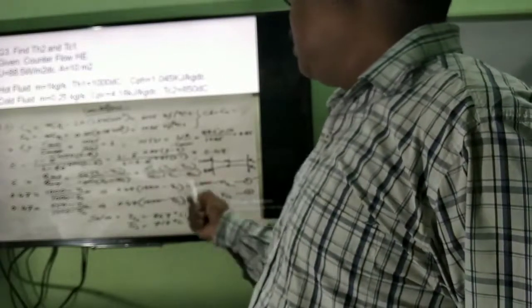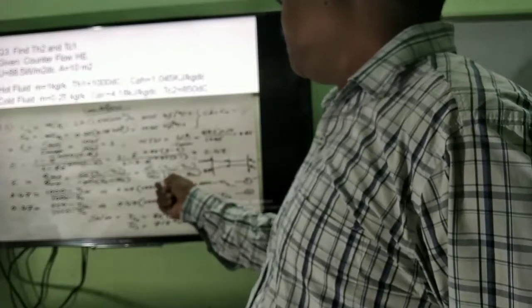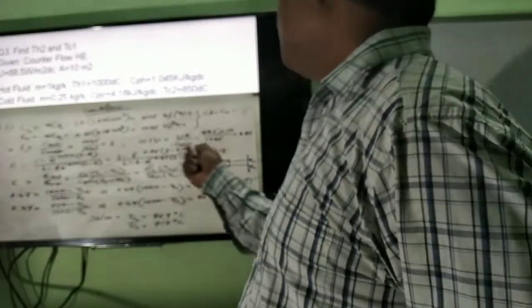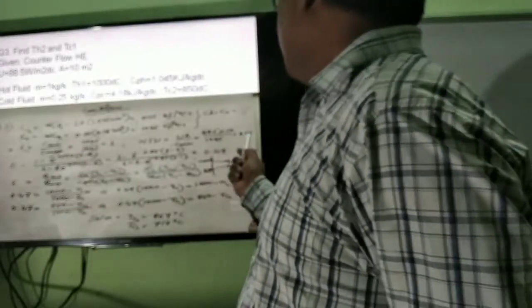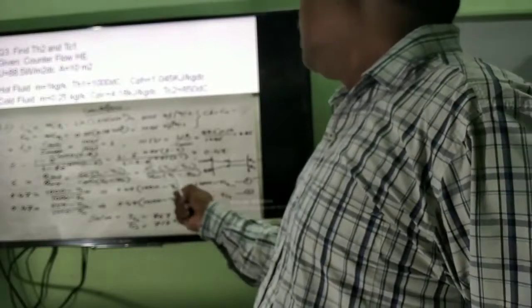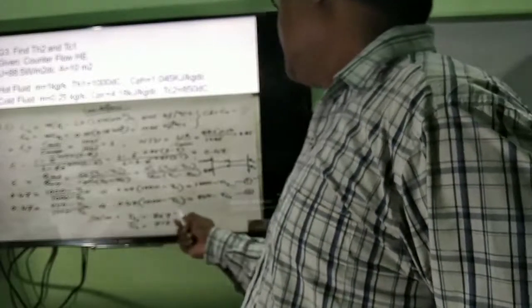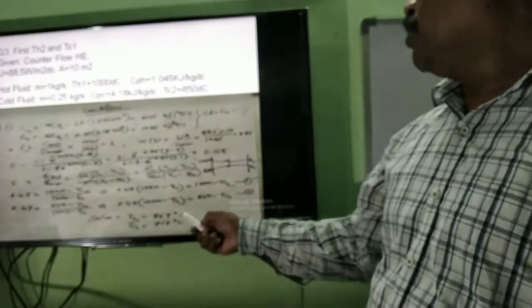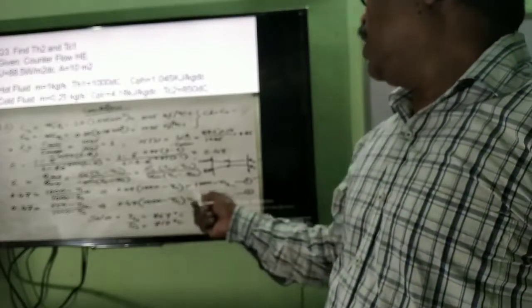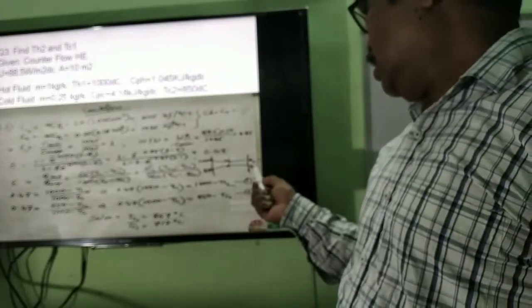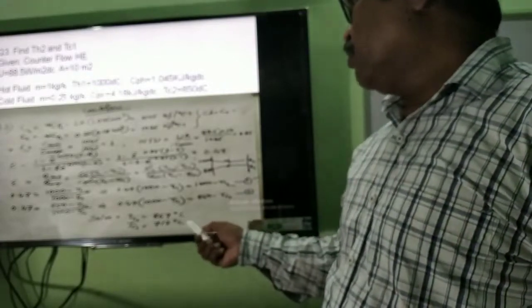So you will get two independent equations. Put each independently equal to the effectiveness, that is 0.47. From the hot fluid you will get one equation, from the cold fluid you will get another equation. So you will get two equations. From these you can find out TH2, the exit temperature, as well as TC1, that is the entry temperature of the cold fluid.